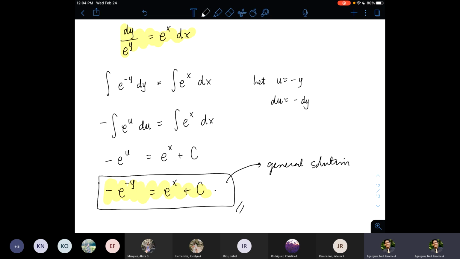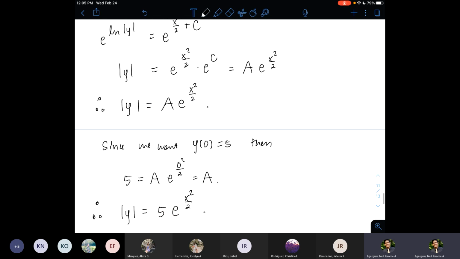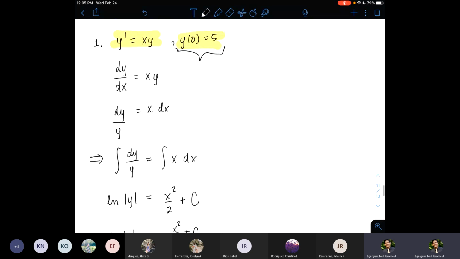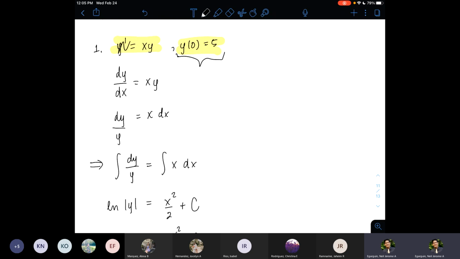In some applications or some problems, you might be interested in just one of these solutions. So basically, that's what we call a particular solution, wherein we don't want the entire family, but just one element of that family. And that depends on some initial or boundary condition. So I guess that's what we started with last time. So I have a DE here.